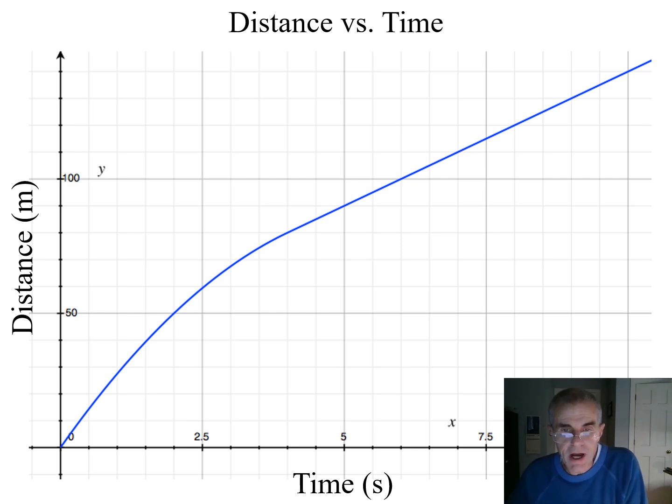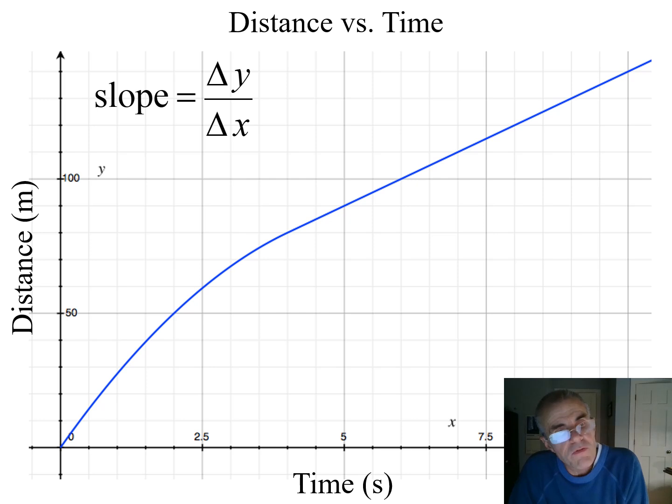If we look at this graph, we'll notice that we have a slanted or sloped line. At least the second part of this graph looks like a sloped line. Well, we could find the slope. And slope is very important when it comes to analyzing graphs. So the slope on any graph is always delta y over delta x, and you know that from math.